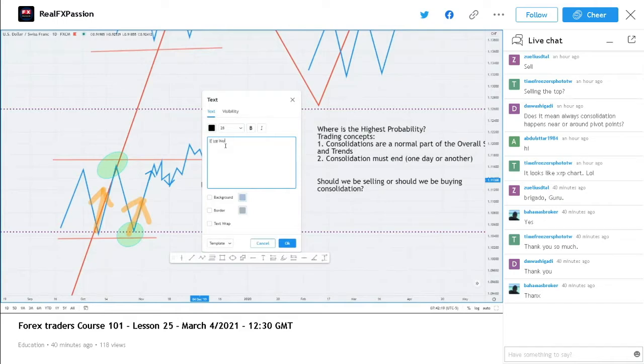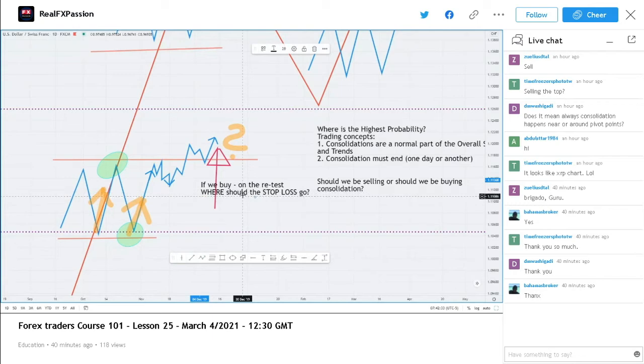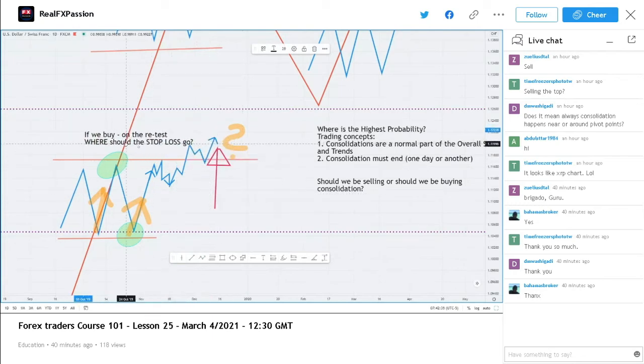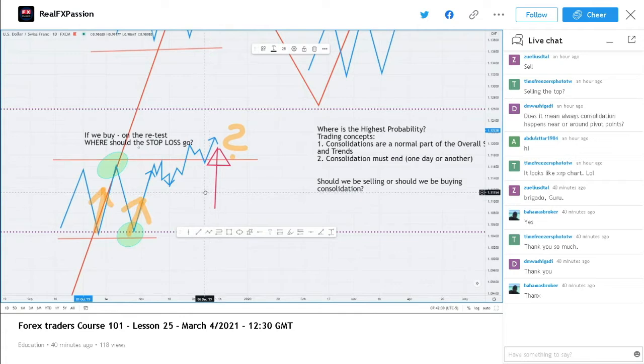If we buy on the retest, where should the stop loss go? Everybody? Remember, beginner traders rule: the stop loss goes on the pattern that we are trading.